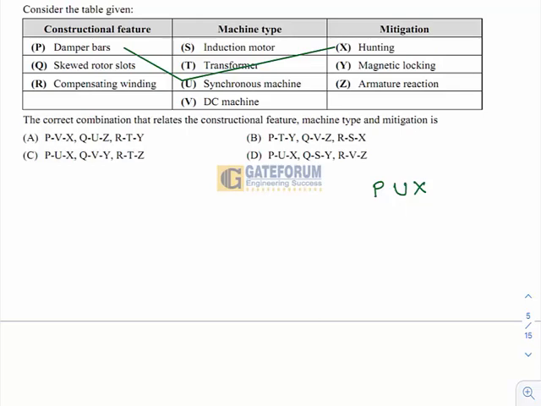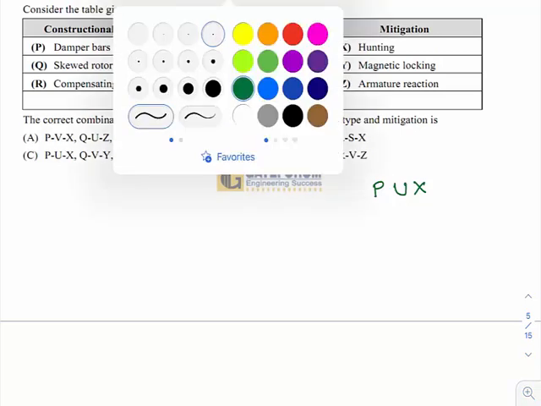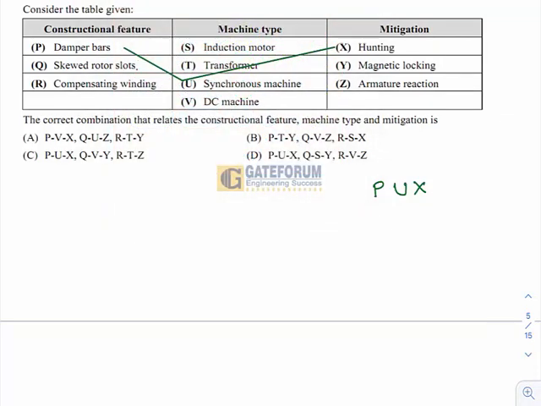So that is why we skew the rotor bar of induction motor. So the next sequence is Q, S, Y. So this is the next sequence. If you look at the options, guys, you will see that option D is the correct answer.